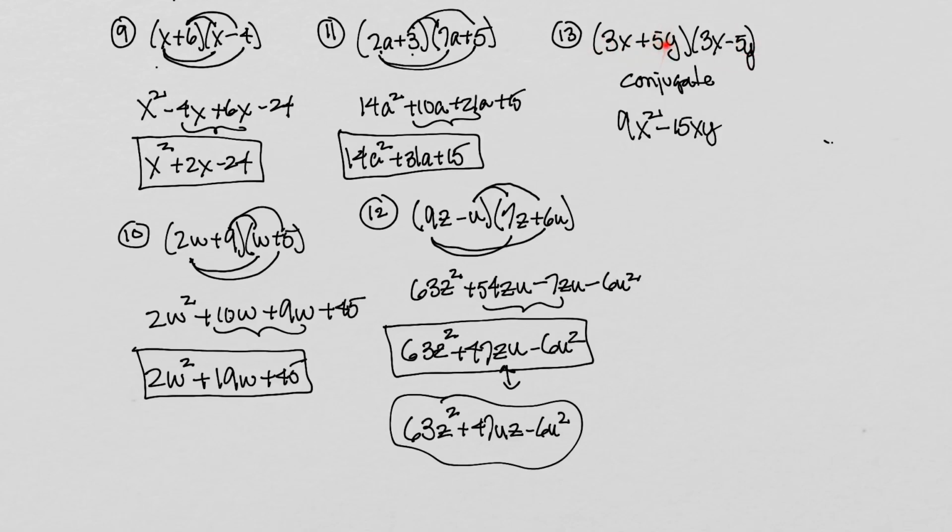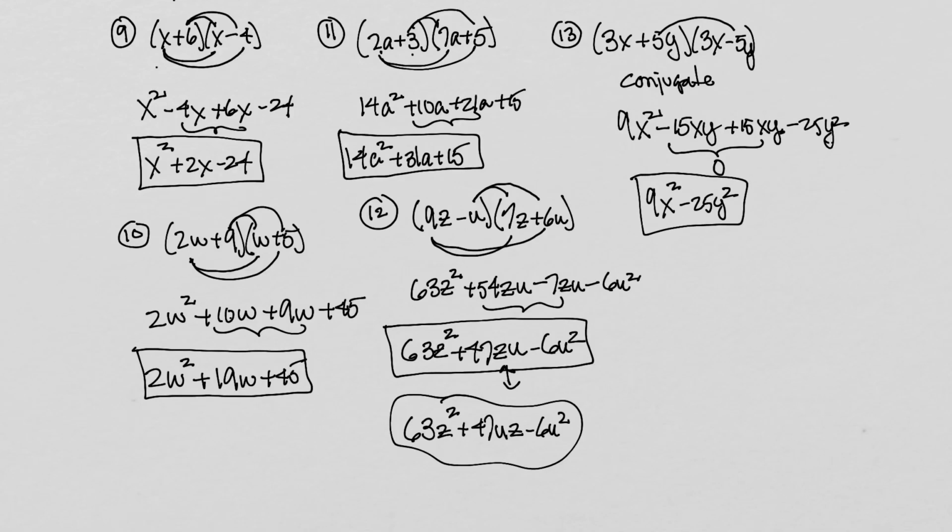We'll get the positive 5y times positive 3x is positive 15xy. And then the last and the last becomes positive times negative is negative 25y squared. Now look at these middle terms. They go to 0. So what we're going to get is 9x squared minus 25y squared.